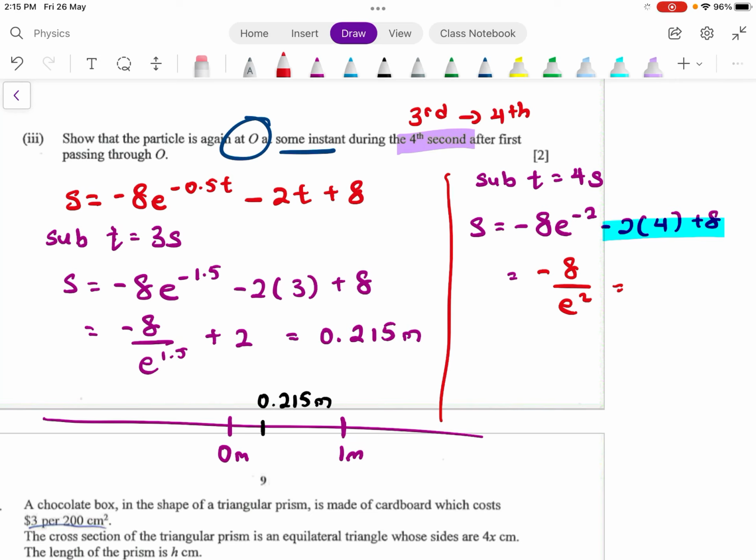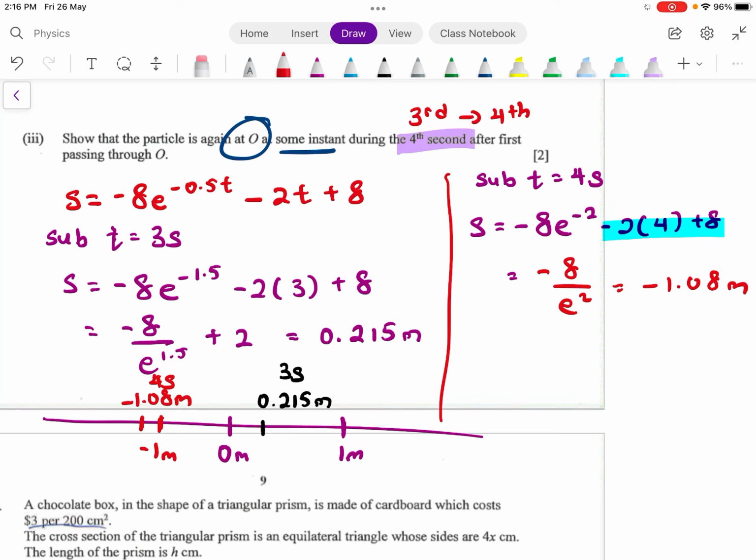I'm at negative 1.08 meter. Let's draw the path. Since it's negative, it's on the left-hand side of the 0 mark. Roughly right here, negative 1.08 meter. This is at 3 seconds, and this is at 4 seconds.